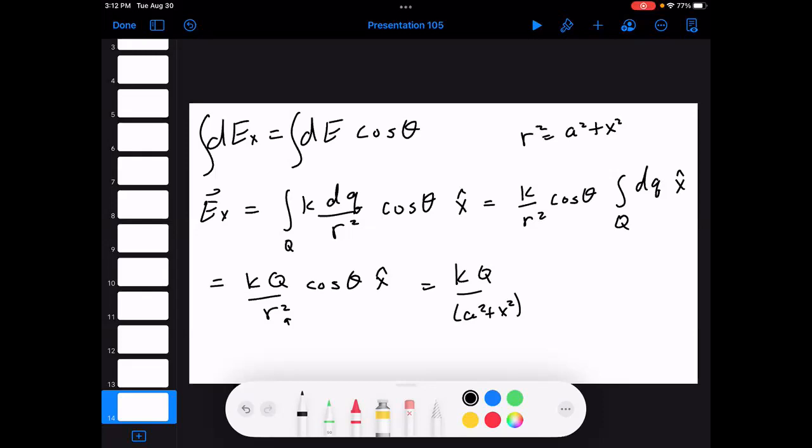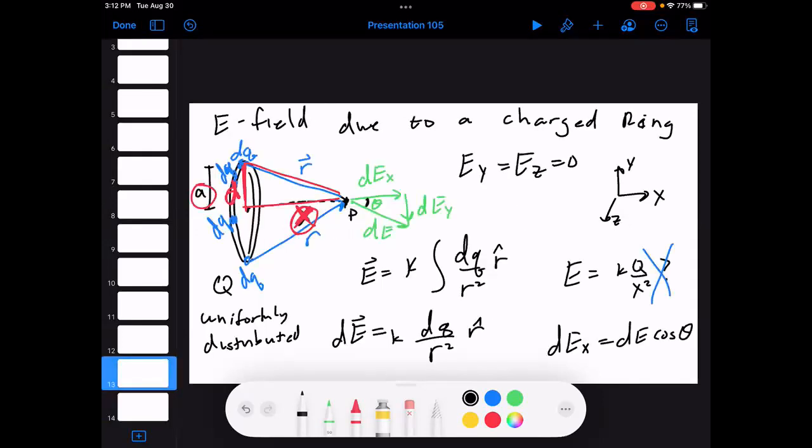Then this cosine of theta is a little bit trickier. Let me erase some stuff. That's a, that's x. But let's start by asking, is that theta the same as this theta? All right, opposite interior angles there.